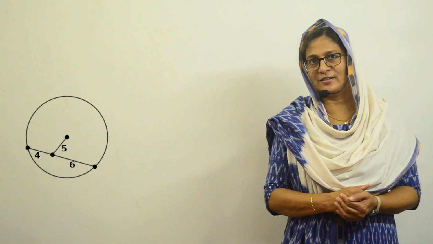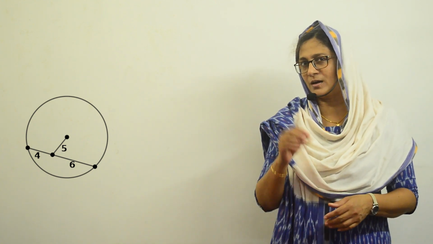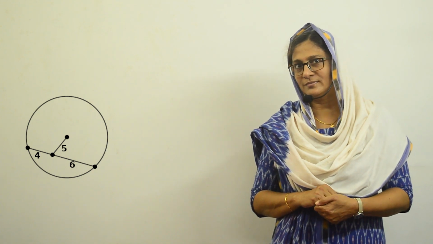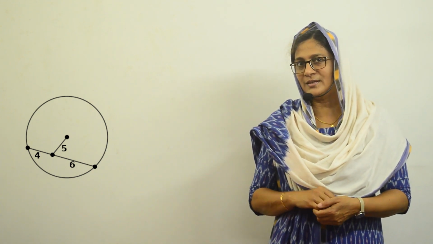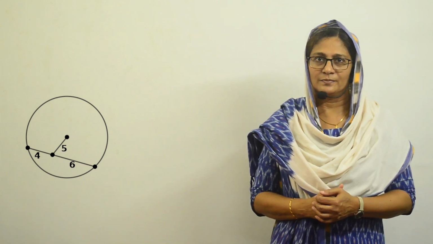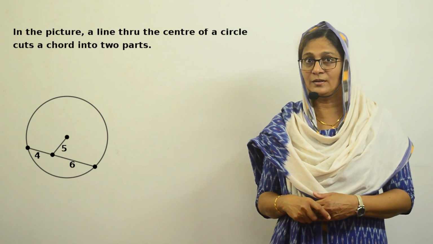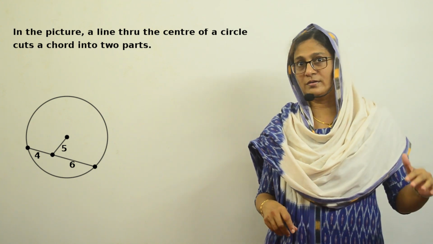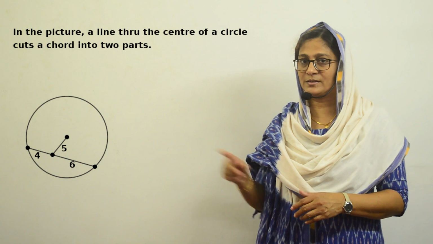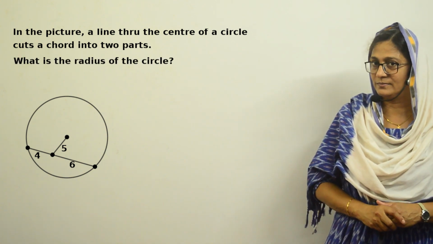Watch the picture carefully. This question is a bit hard to think about. Let's think about it in detail. In the picture, a line through the center of the circle cuts a chord into 2 parts. What is the radius of the circle?